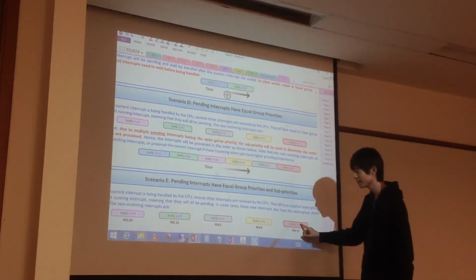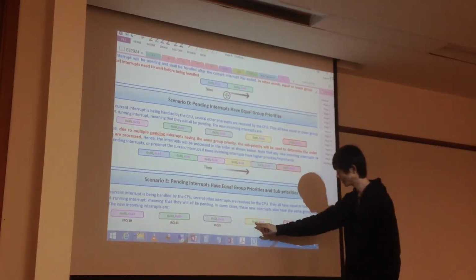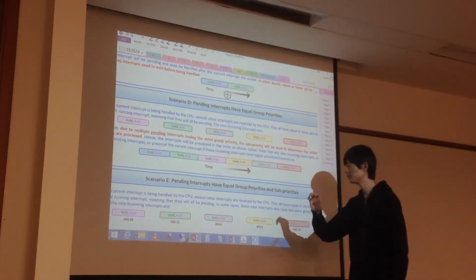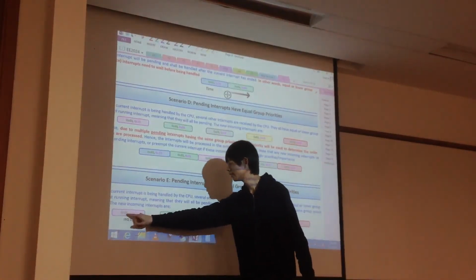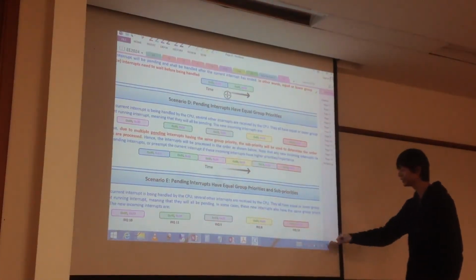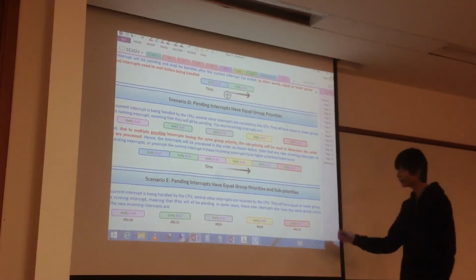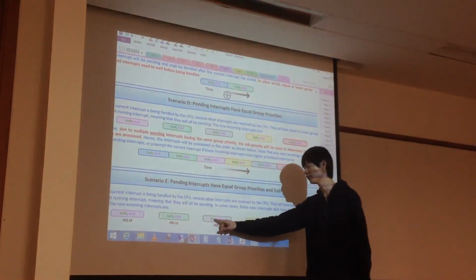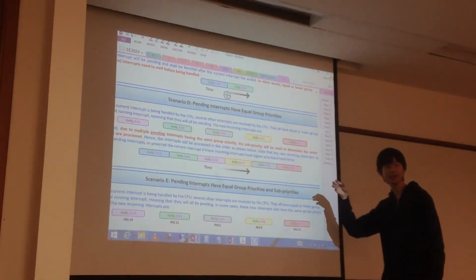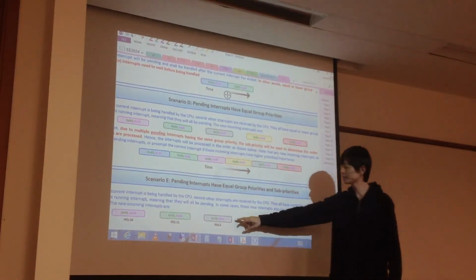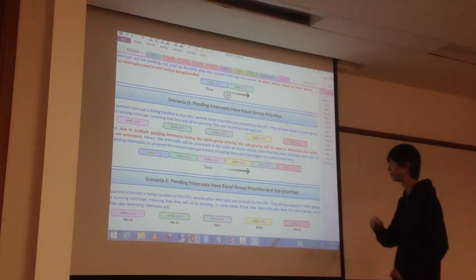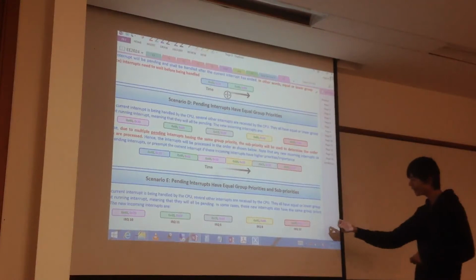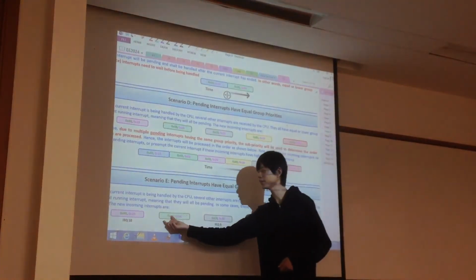40, 20. This one is 40. Okay. So when we look at all these, we know this one should occur later because the group priority is higher, right? So this one will occur last. Then the rest are all 40, 40, 40.